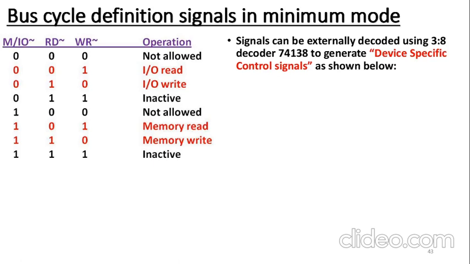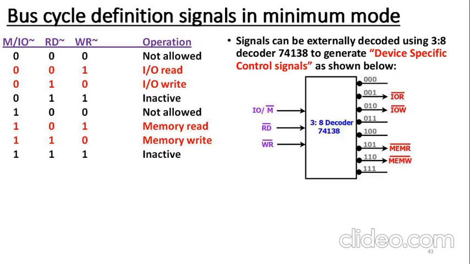Now, these 3 bus cycle definition signals can be externally decoded by using a 3 to 8 decoder 74138 to generate device specific control signals here. Okay, let us see that particular setup.